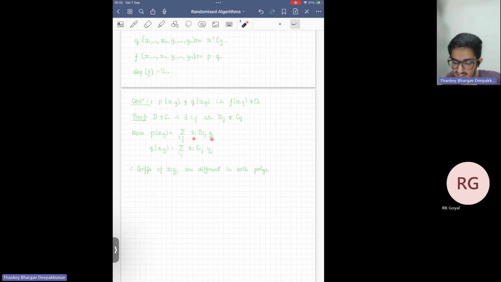So the coefficients of xi yj are different in the polynomials, right? So the polynomials are different, and that implies that f(x, y) is non-zero, right?